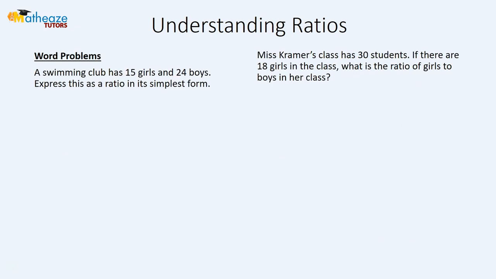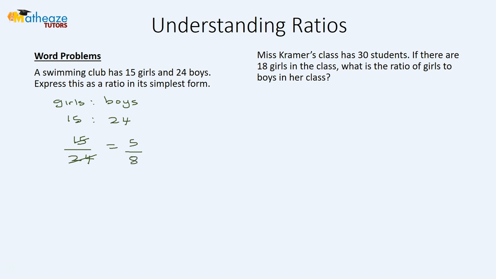Now let's look at this. A swimming club has 15 girls and 24 boys. Express this ratio in its simplest form. So let's say girls to boys will be 15 to 24. So that's going to be 15 over 24. We divide 15 by 3, we get 5, and we divide 24 by 3, we get 8.